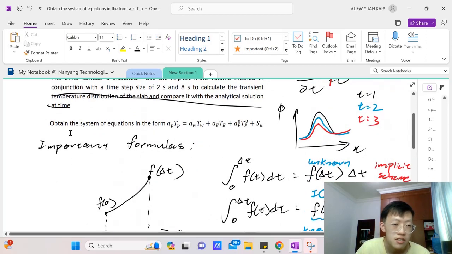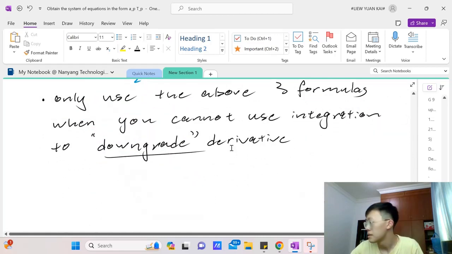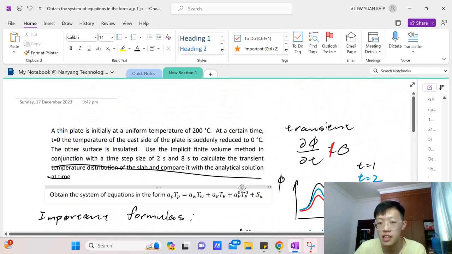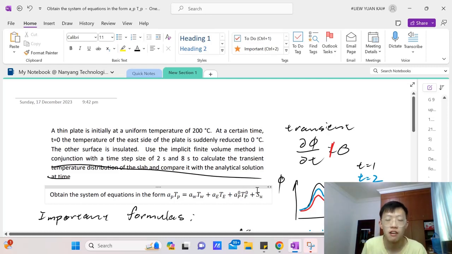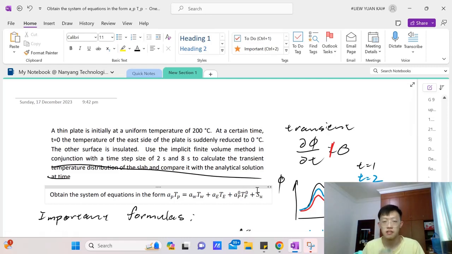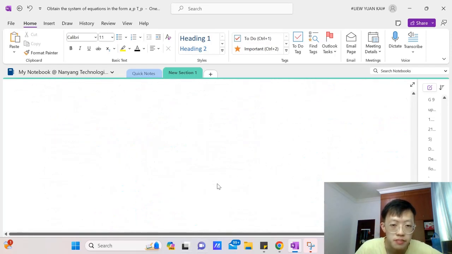The question says to obtain the system of equations in the form of this right here. Take note that my notations will be slightly different from Professor Shu's notation. I'm using Professor Ang Wai-tiong's notations. Okay, let's start.